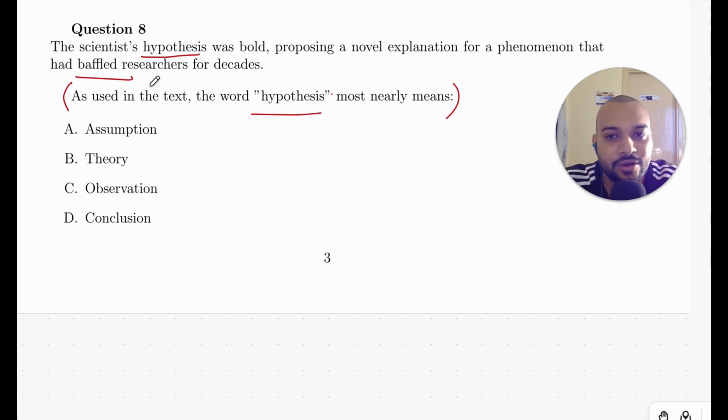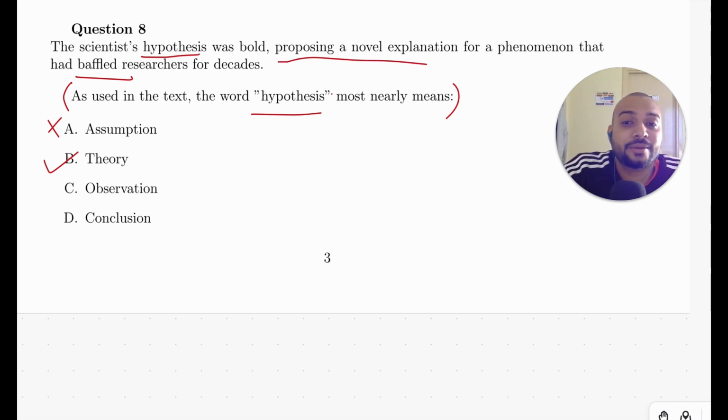Okay, so let's draw from the meaning of that. Hypothesis. Assumption? No. Assumption is not something that has a really positive connotation. Assumption anyone can take. The scientists develop theories or ideas. So theory, that can be good. Yeah, that's a good candidate. Observation, just the observation is not enough, because he's proposing a novel explanation, a proper explanation for the phenomenon.